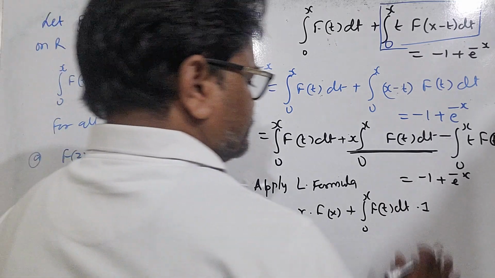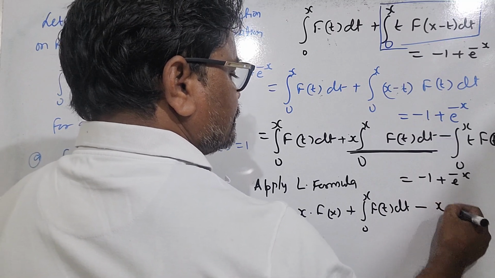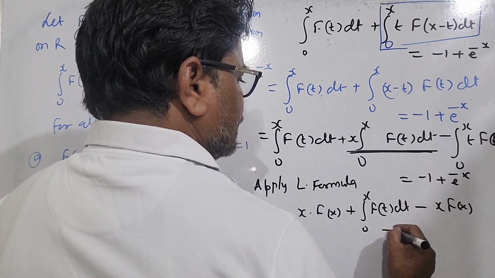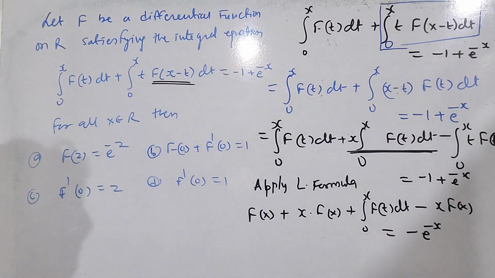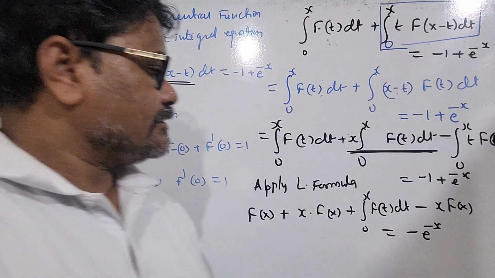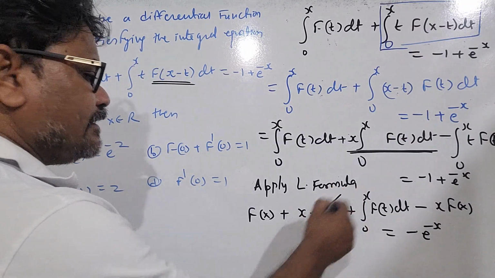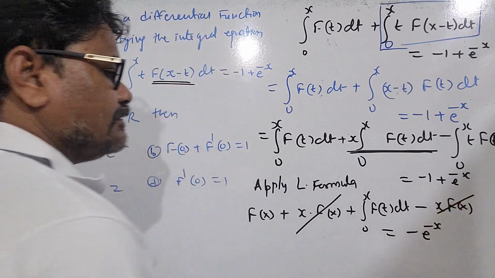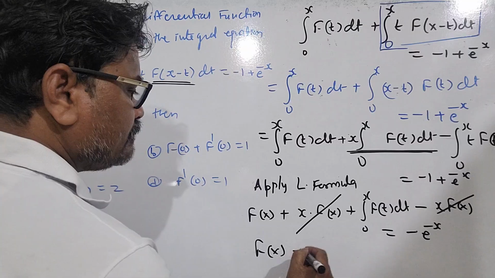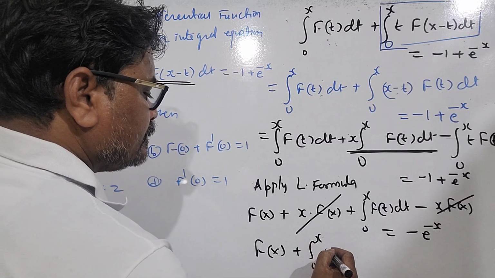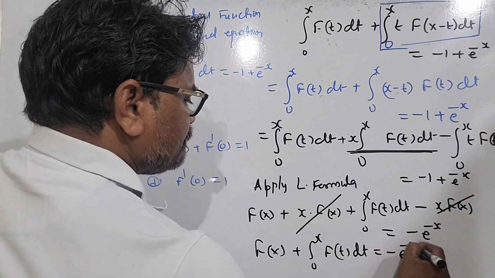Correct? So just remove the 1 here, and then minus x into f(x), and that is equal to minus e to the power minus x, the derivative being minus into e to the power minus x. So this x into f(x) cancels out. So we have only f(x) plus the integral from 0 to x of f(t) dt, that is equal to minus e to the power minus x.